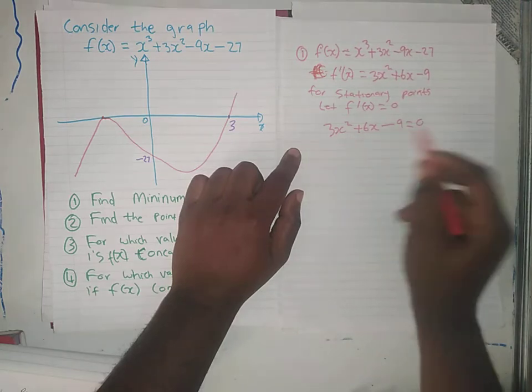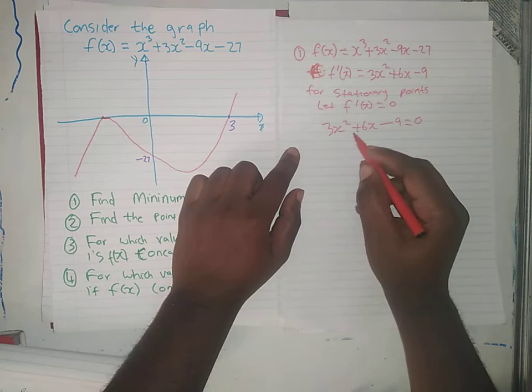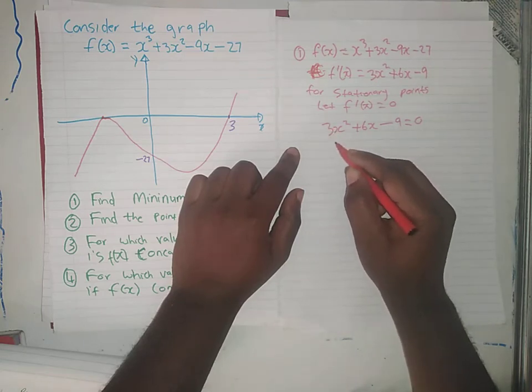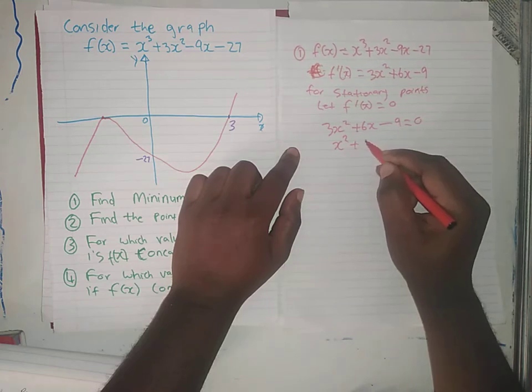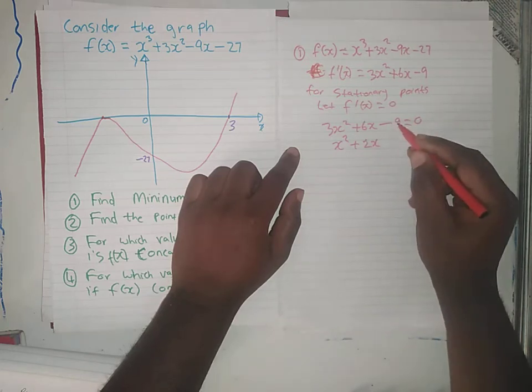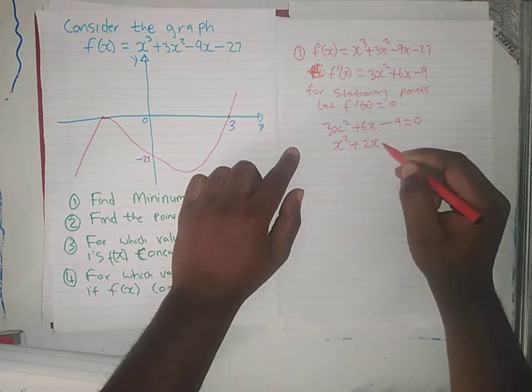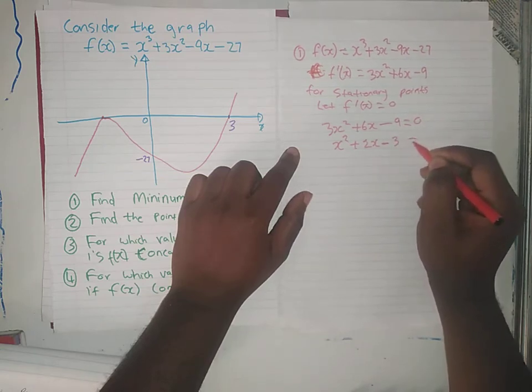You can see there's a common factor here, which is 3. You divide by 3 all over, and 3 cancels 3, and then you remain with x squared plus 6 divided by 3, that is 2x, and then minus 9 divided by 3, which is 3, equal to 0.